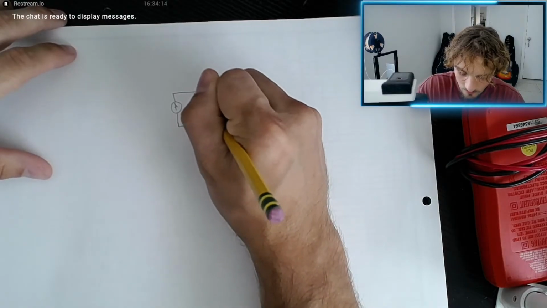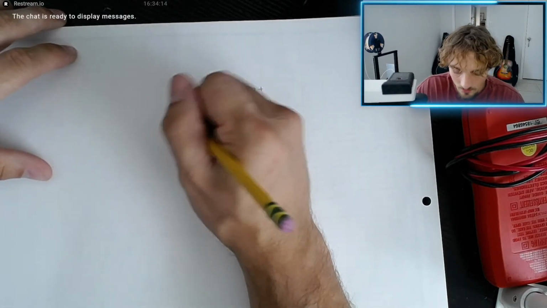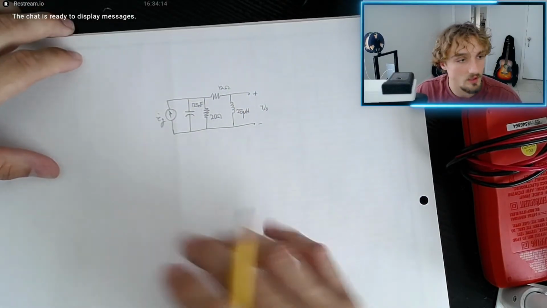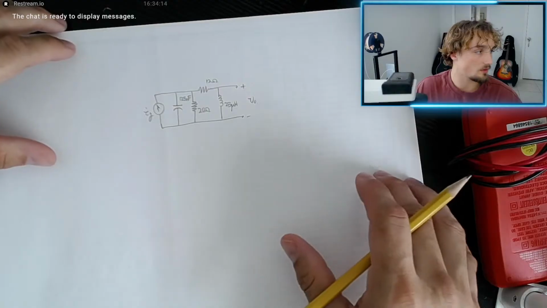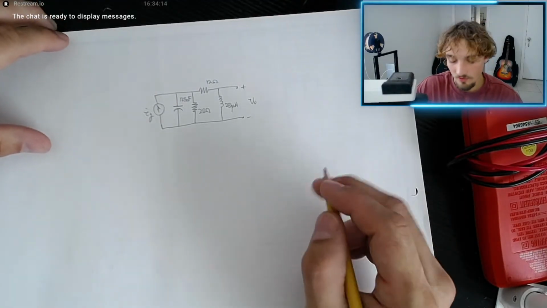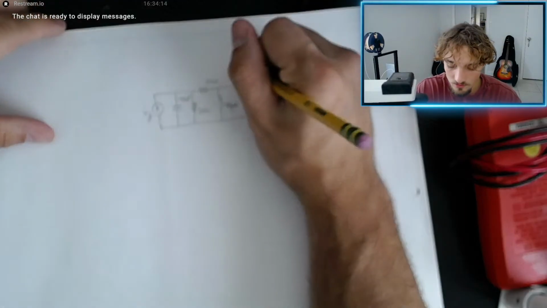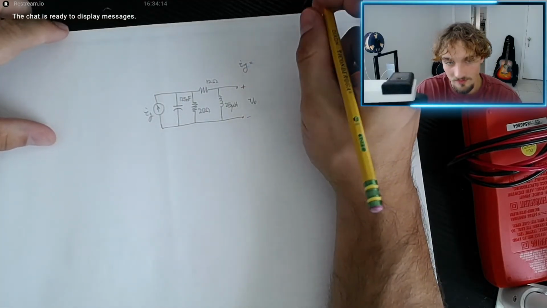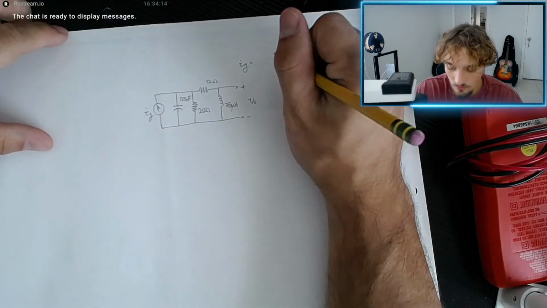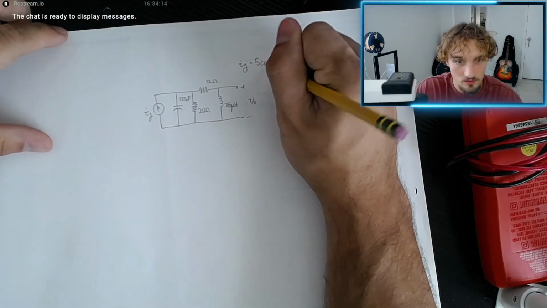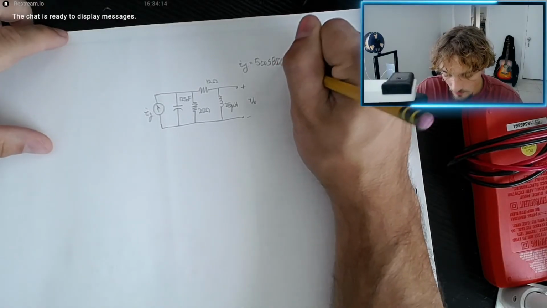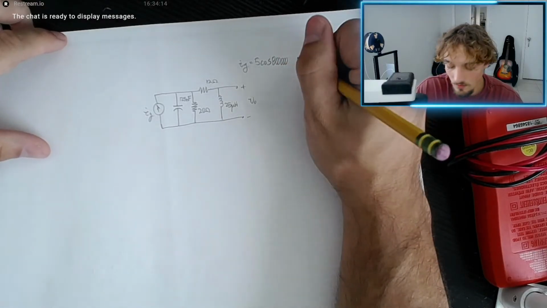And then this is labeled IG, and we have a current magnitude and a wave function, a sinusoidal source. So IG equals 5 cosine 800,000 t amps.